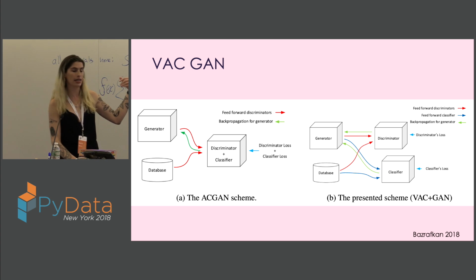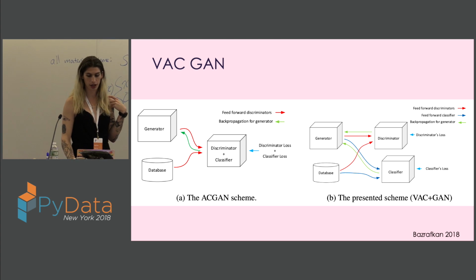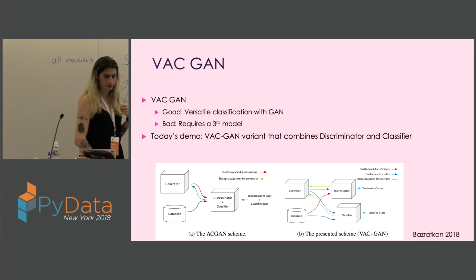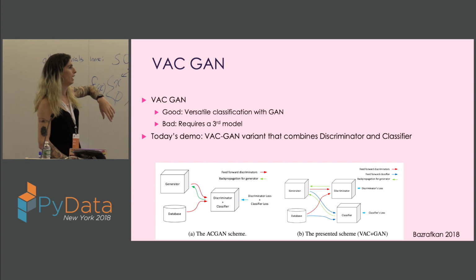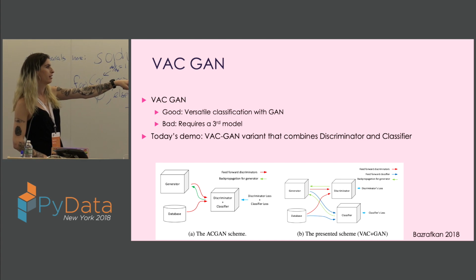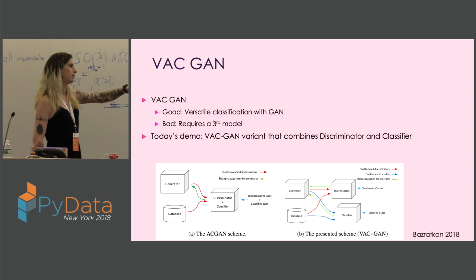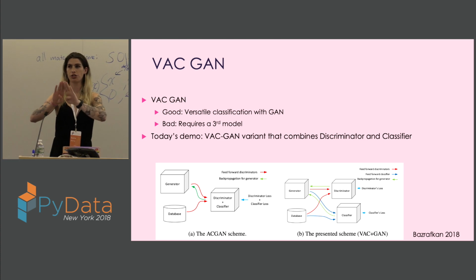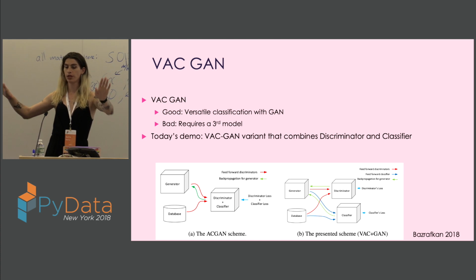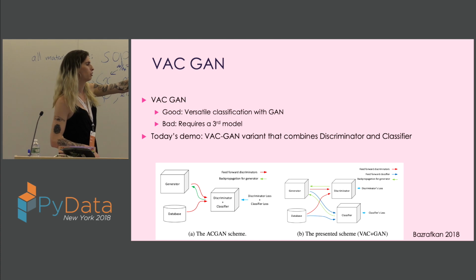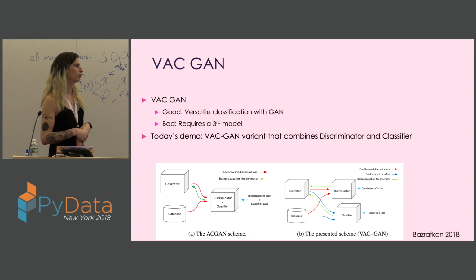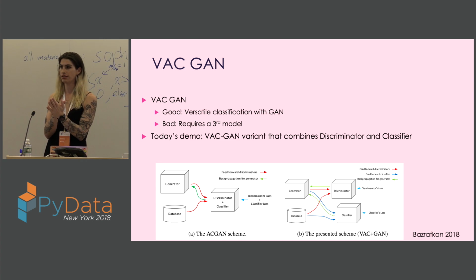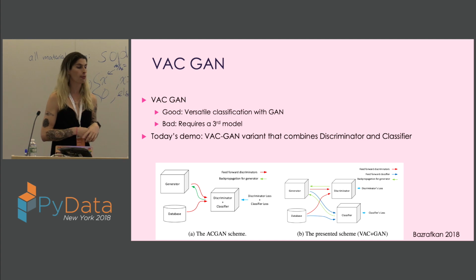The CelebA data set, for instance, has many binary labels. So what I've ended up doing is almost exactly the versatile AC GAN, but I've combined the classifier and the discriminator. All I've done is separate them at the very last layer. So in essence, it has that same contour of the three separate models, but in truth, it's one model for the discriminator and classifier, except for the very final layer.